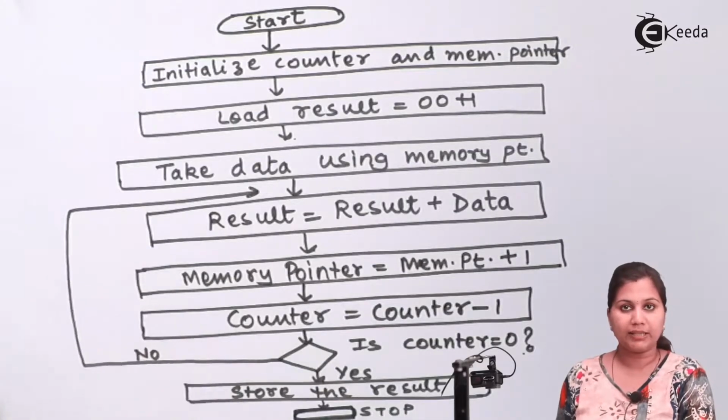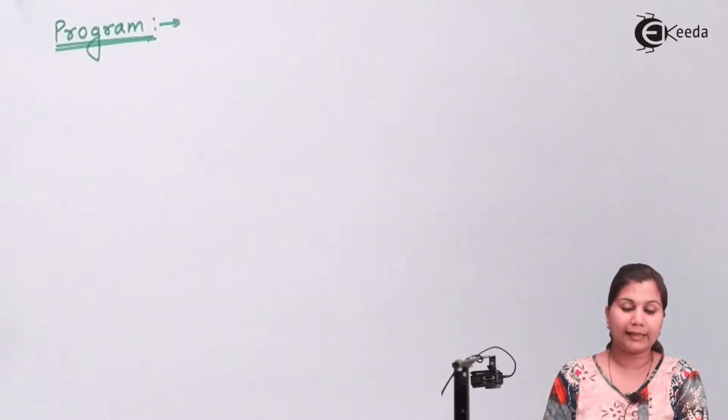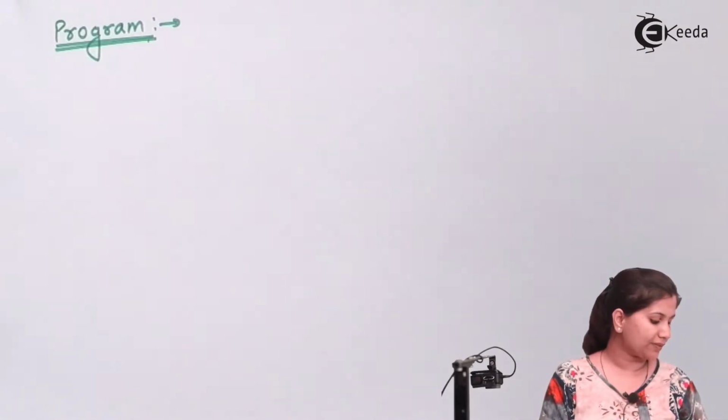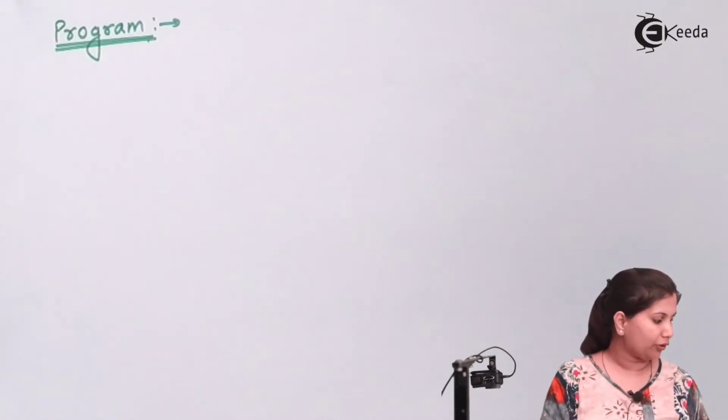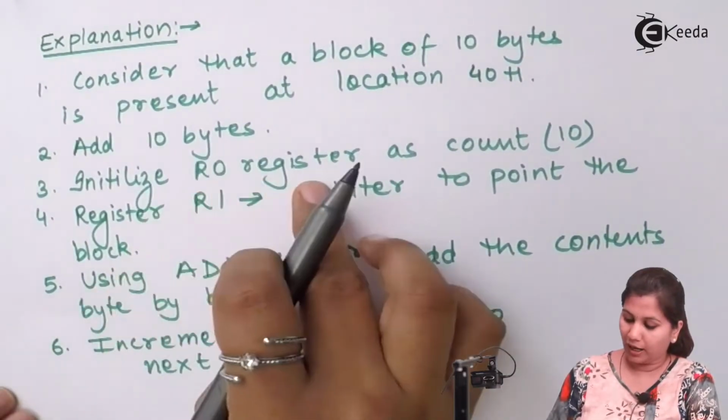So let's write the program. So first of all, here it is given that we have to initialize the counter and memory pointer. Okay, and in the explanation we have seen that first of all we have to initialize the register R0.